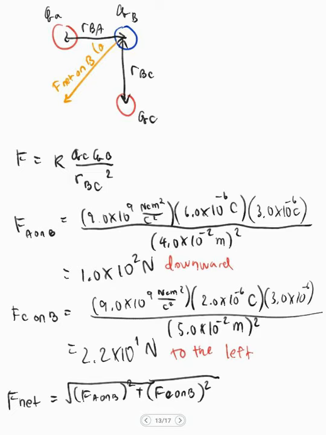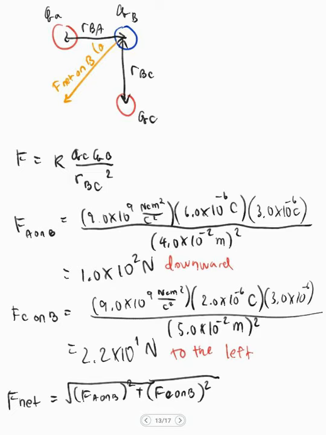We can find FA on B, which is going to be 1.0 times 10 to the power of 2 Newton downward, and FC on B is equal to 2.2 times 10 to the power of 1 Newton to the left.